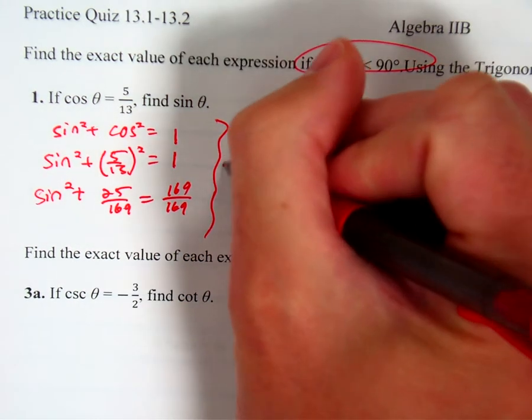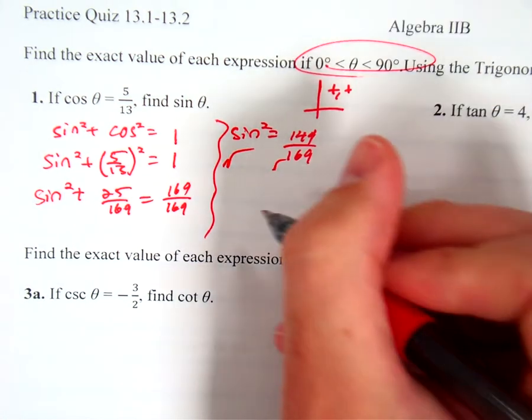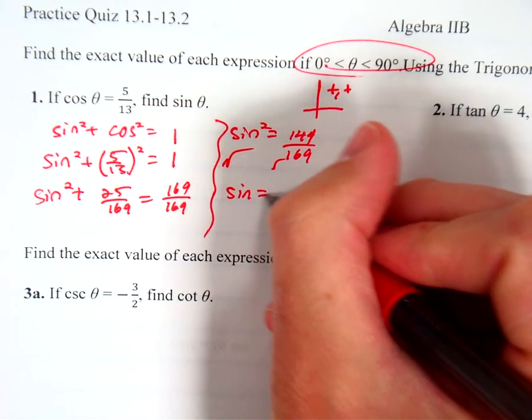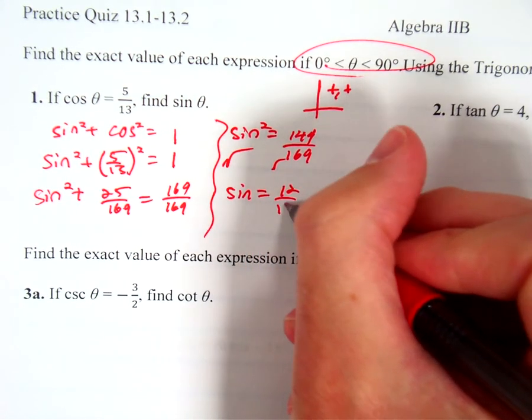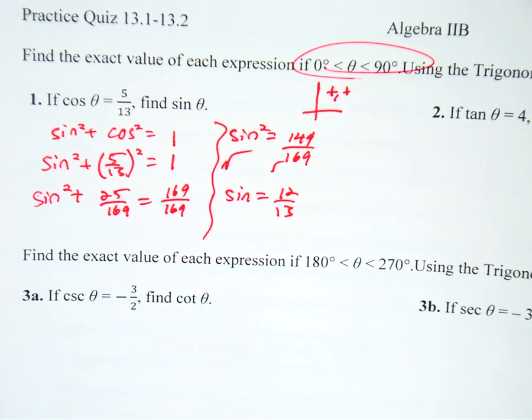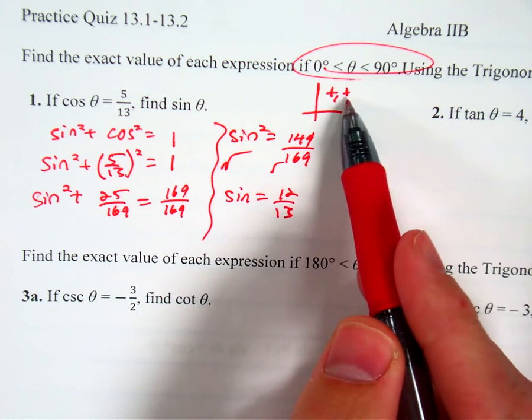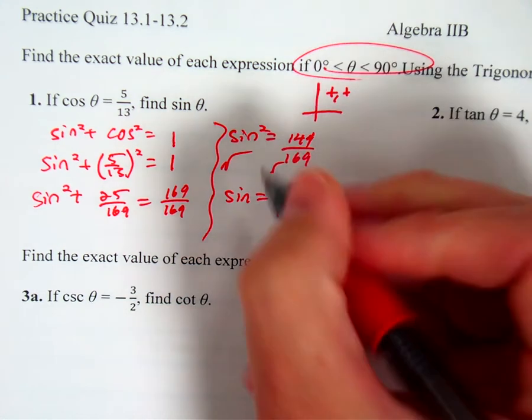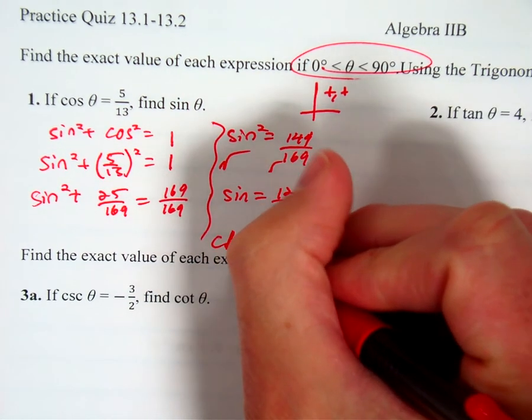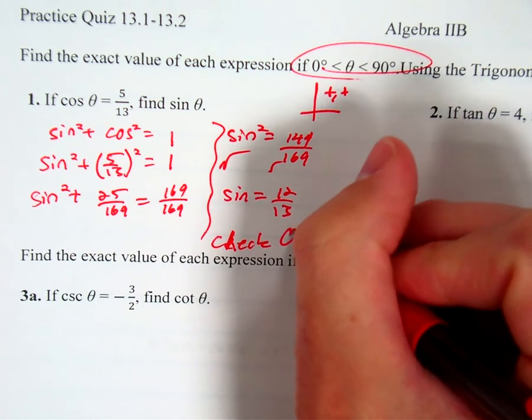Square root. Sine equals 12/13. Okay. Double check what quadrant. We're in quadrant 1, so sine is positive. That is right. Check quadrants.